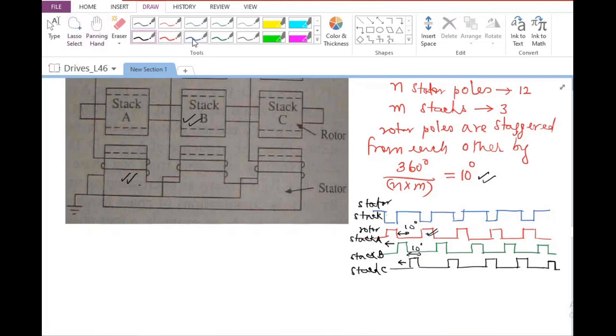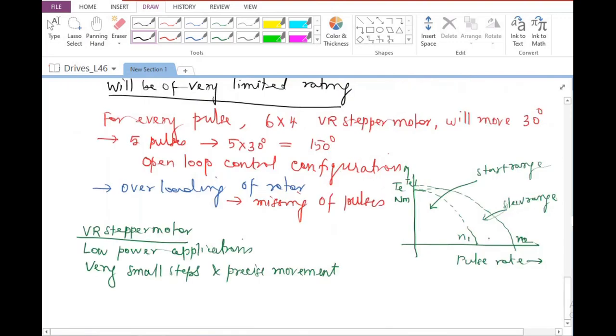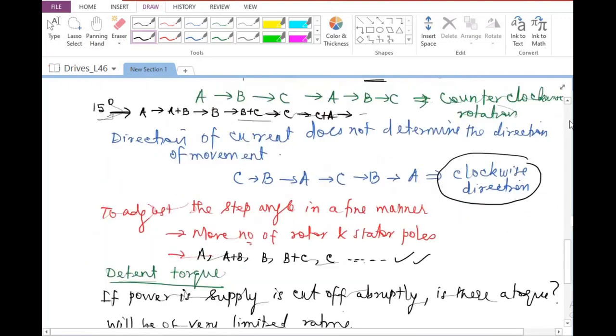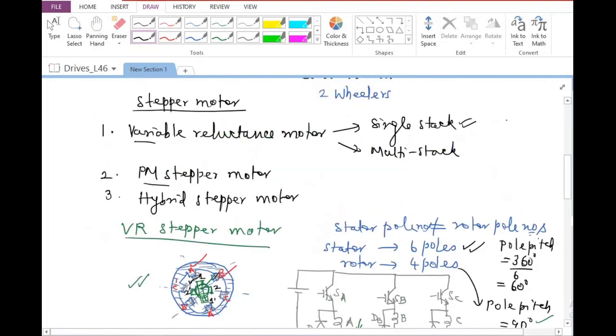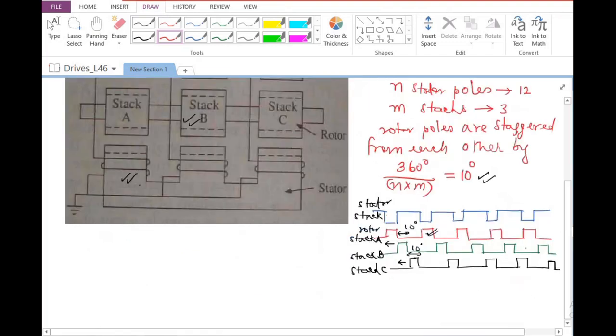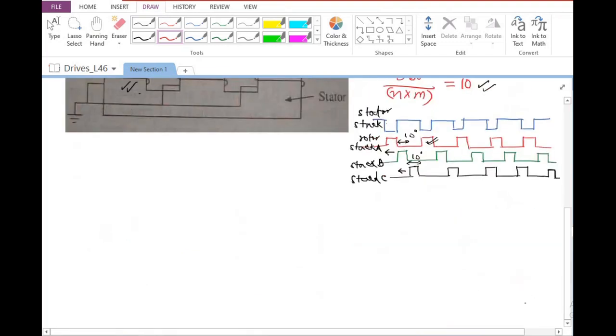Now, as far as permanent magnet, because we said that we have three types of stepper motor. The first one was the variable reluctance stepper motor. We have looked at that in both single stack and multi-stack configuration. Now we are going to go quickly into the permanent magnet stepper motor.